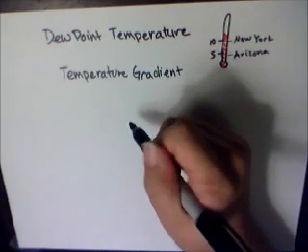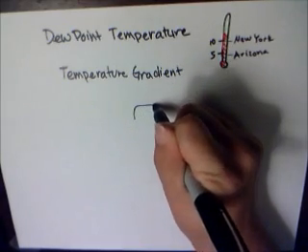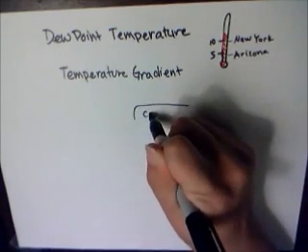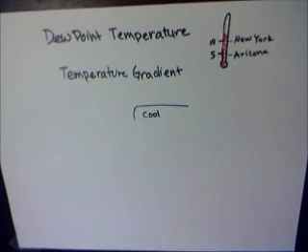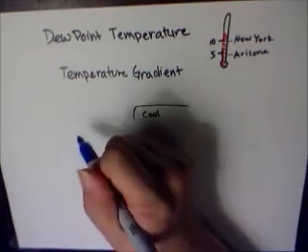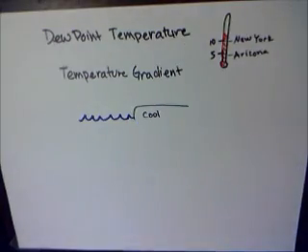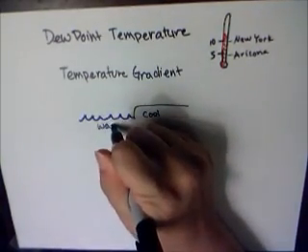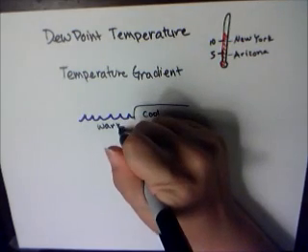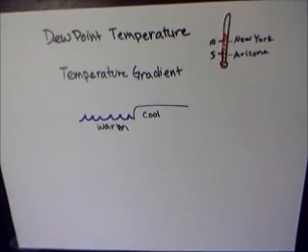So for example, what happens when you have fairly cool lands adjacent to water or ocean that is fairly warm? What is this climate going to be like?